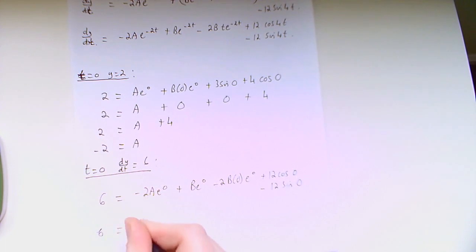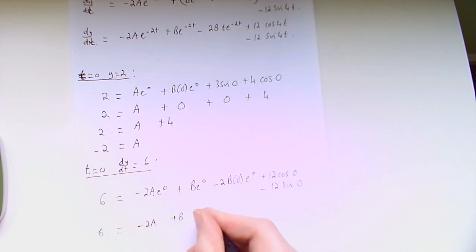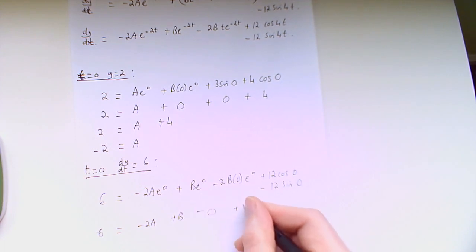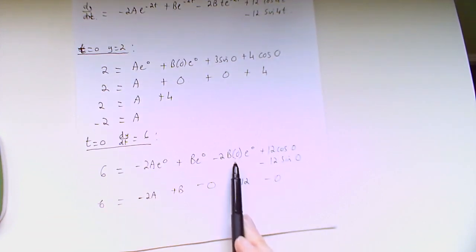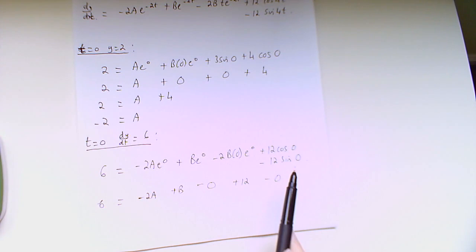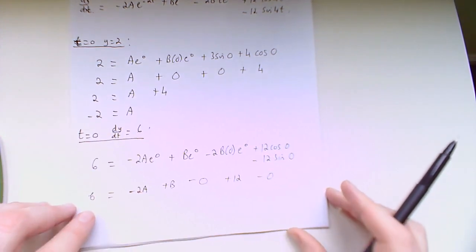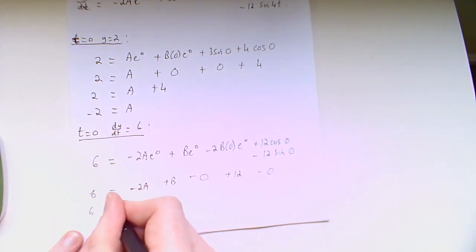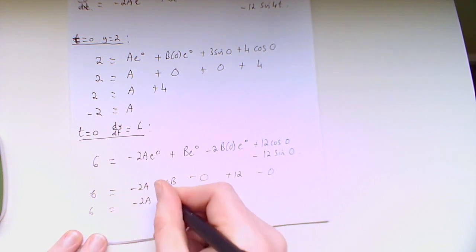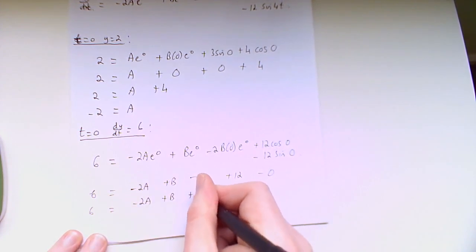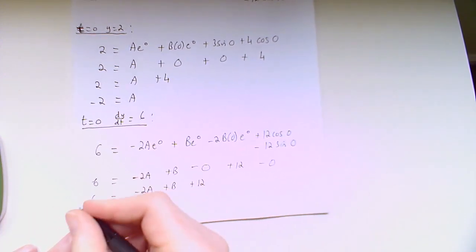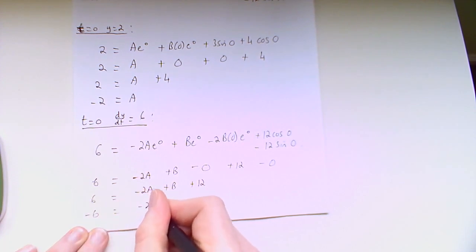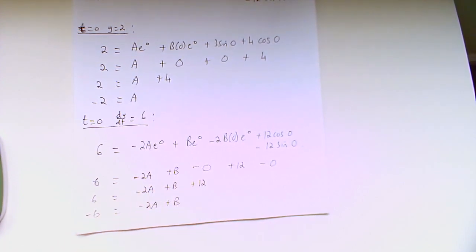Okay, so 6 equals negative 2a plus b take away 0 plus 12 take away 0, because again, the 0 here sends that part to 0. Sine of 0 is just 0. So 6 equals negative 2a plus b plus 12. So move the 12 across, so it becomes take away. So I've got that equation there.